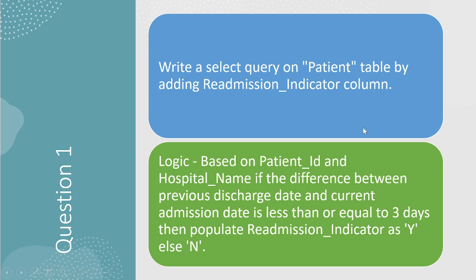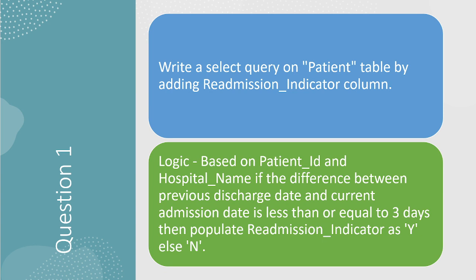So if we read the question again, we need to add a new column readmission indicator based on, suppose today one person, a patient, got admitted and discharged after 2 days. So again he came back with some problem. Again he got readmitted and then again discharged.